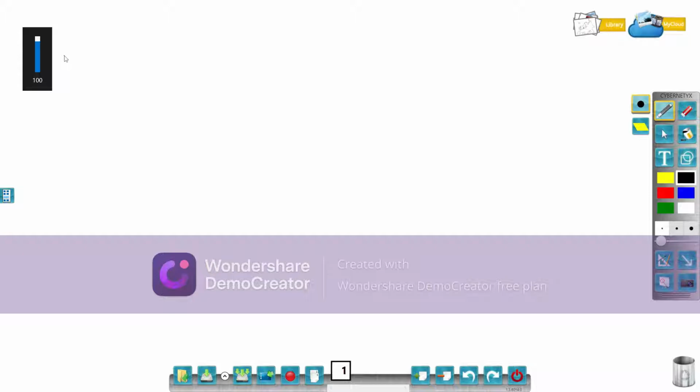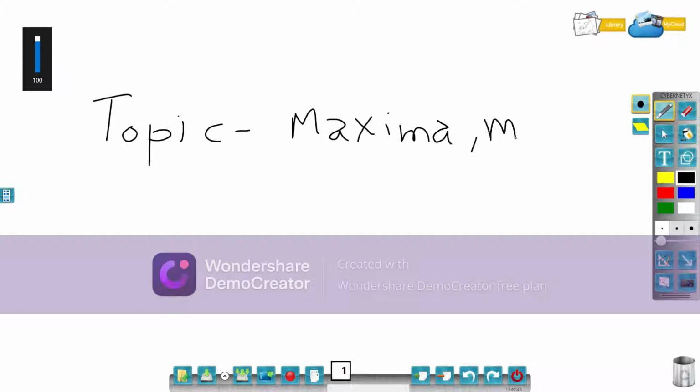In this lecture, we will study the maxima, minima and saddle point and Hessian matrix. So let me write down the topics we are going to study: maxima, minima and saddle points.